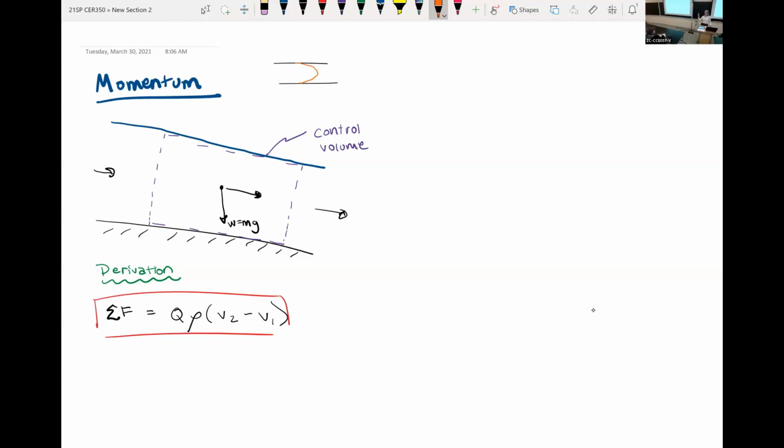Does it look the same as pipe flow? No, why not? No friction on top now, so it'll look like half of it. Very good. We've got a velocity profile that looks something like this for an open channel.